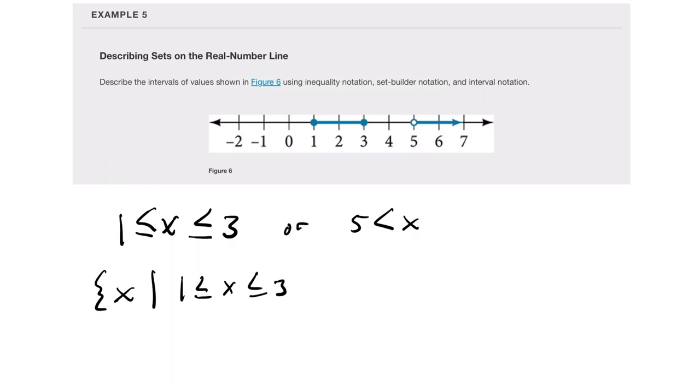Okay. And then in interval notation, we're talking about all the numbers from 1 to 3. We include those endpoints, so we use a square bracket, union from 5 to positive infinity. Infinity always gets a parenthesis, and because we don't include the 5, that gets a parenthesis as well.